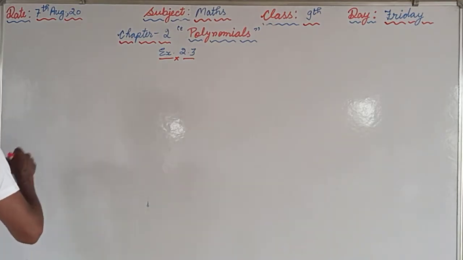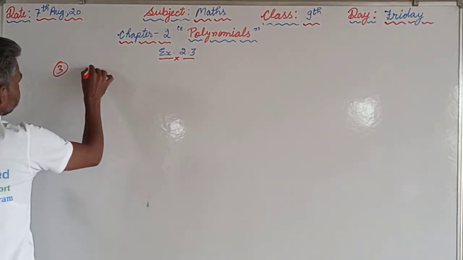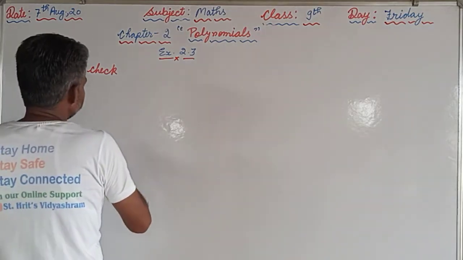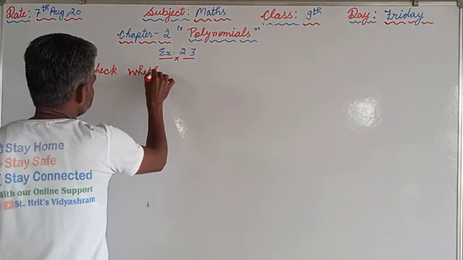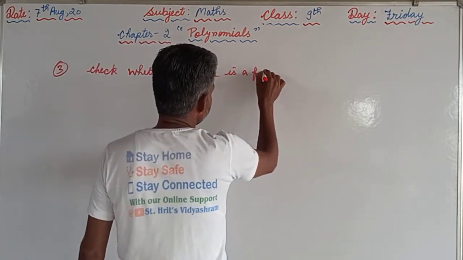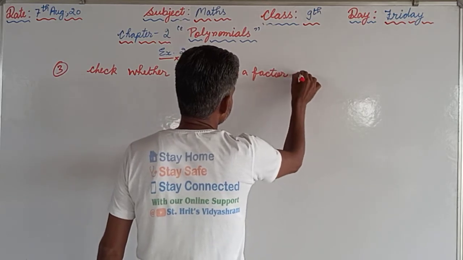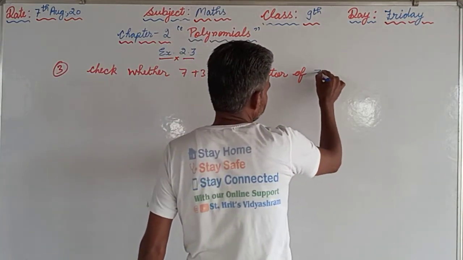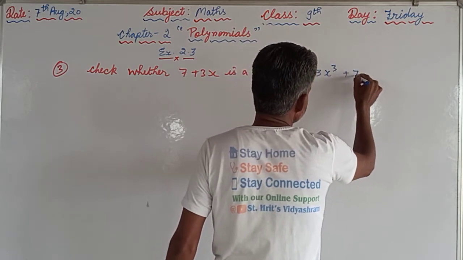In question number 3 we are supposed to check whether 7 plus 3x is a factor of the given polynomial, and the polynomial is 3x cube plus 7x.